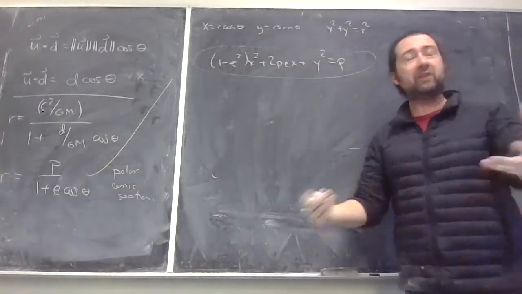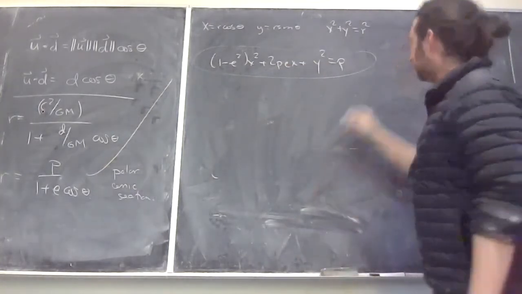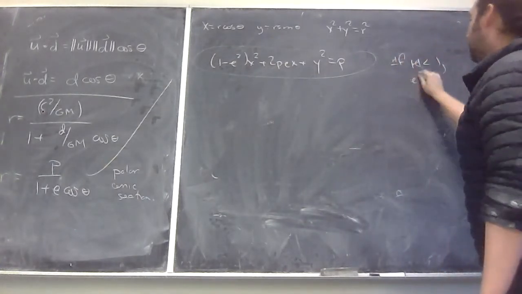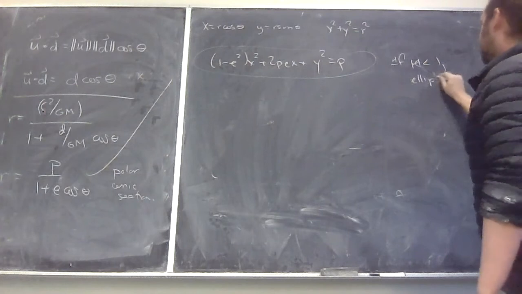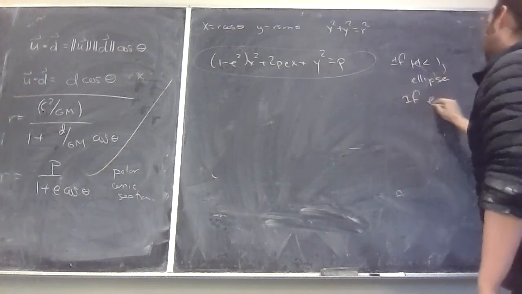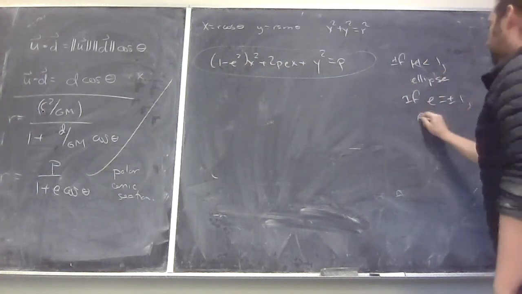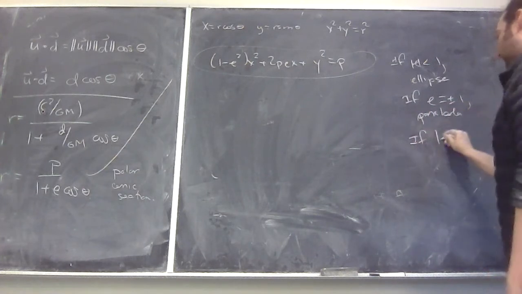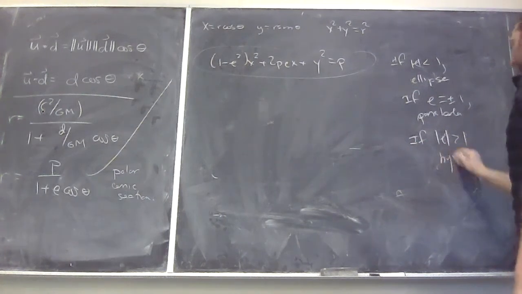How did they decide it was an ellipse? If the absolute value of E is less than 1, you have an ellipse. If E is equal to plus or minus 1, you have a parabola. If the absolute value of E is greater than 1, you have a hyperbola.